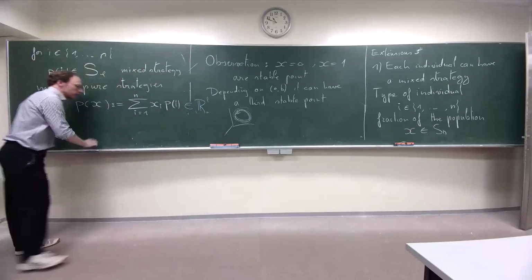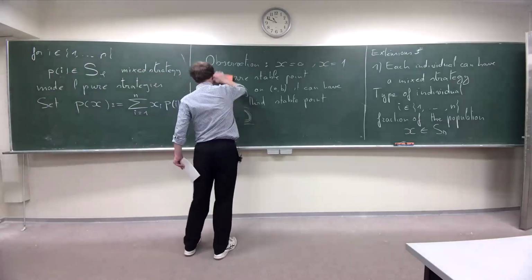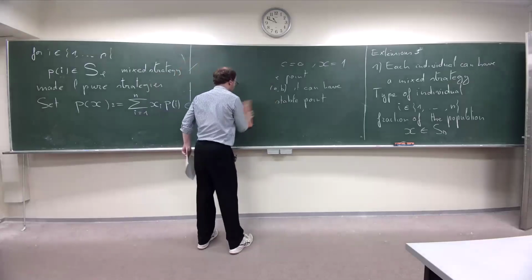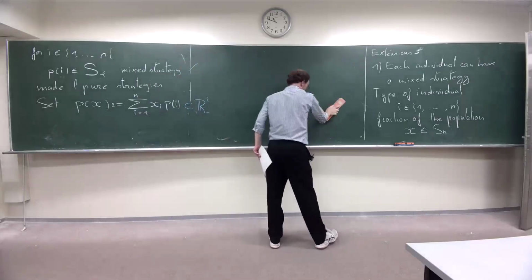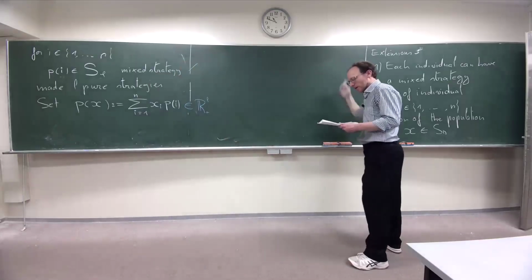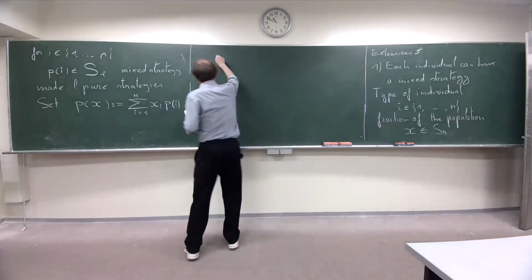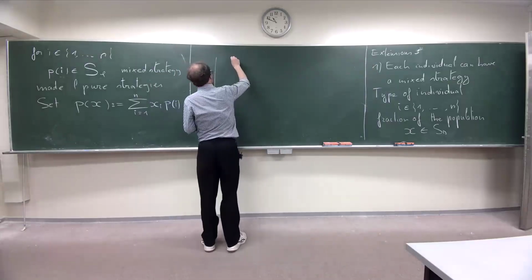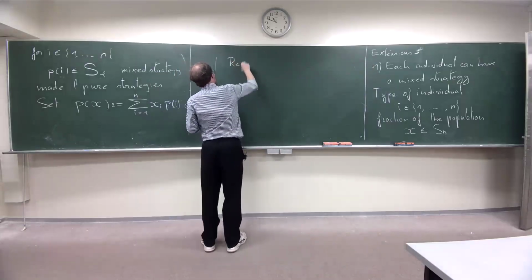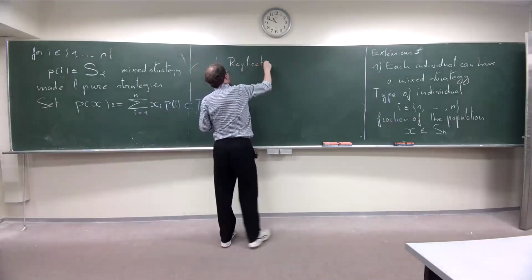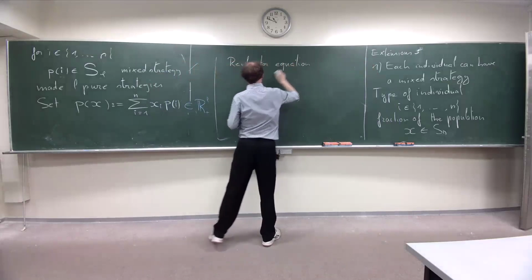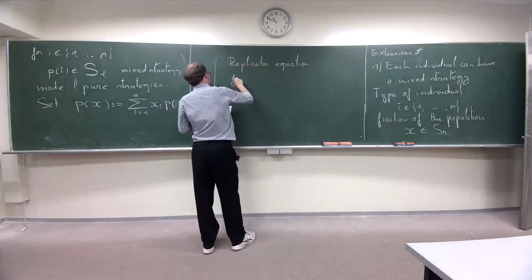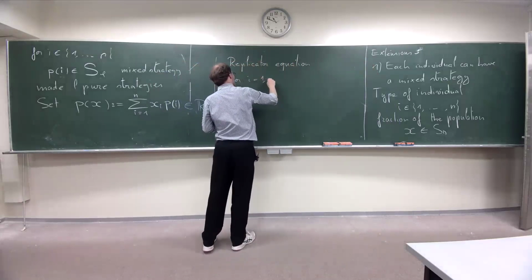And now what is the replicator equation in this case? It's the same idea. If you perform better than the average, then your ratio or your fraction is going to increase. So this replicator equation, in this case, it's going to be for i from 1 up to n.